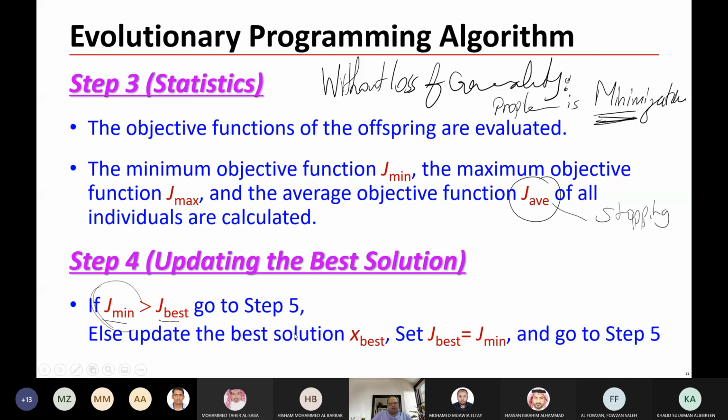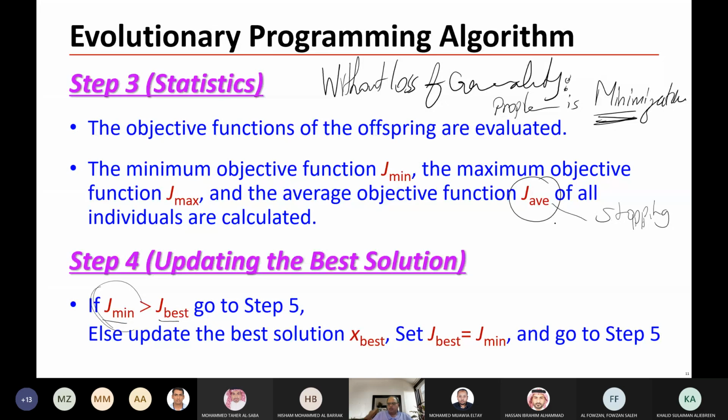Else, update the best solution, X best, and set J best equal to J minimum. You find the solution corresponding to J minimum, and you put it as X best, and J minimum equal to J best in this case. And then you can proceed to the next step. So here you don't update the best solution. Now here you update the best solution. Both are going to the next step.